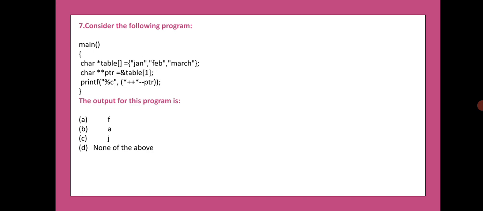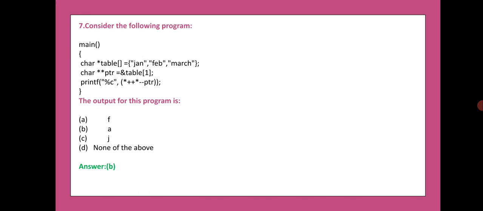When it is incremented and one more pointer symbol is there and decremented, it should be pointing to the second string, Jan A. Hence the answer should be B. See, it may vary from compiler to compiler, but I'm giving you a generic answer. Try it out, write down the program and try it with your respective compiler, and then you conclude your generic answer.